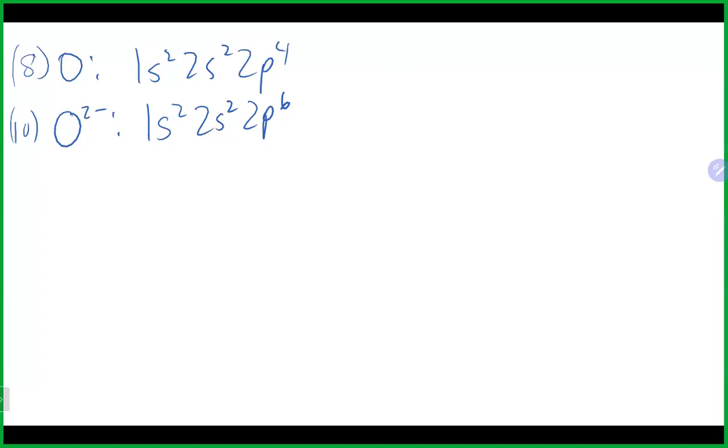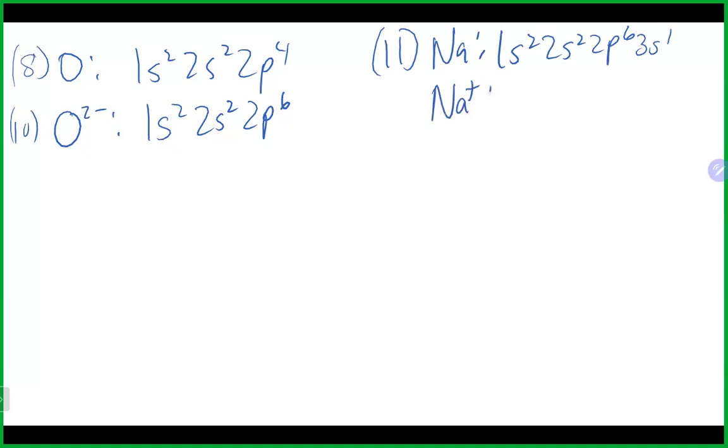Let's do our friend sodium that we also did earlier, which was 11. 1s2, 2s2, 2p6, 3s1. Sodium gains a +1 charge. How many electrons does it have? Plus means it lost electrons. So it lost how many electrons? So it should have 10, which means the electron configuration for sodium with a +1 charge is 1s2, 2s2, 2p6.